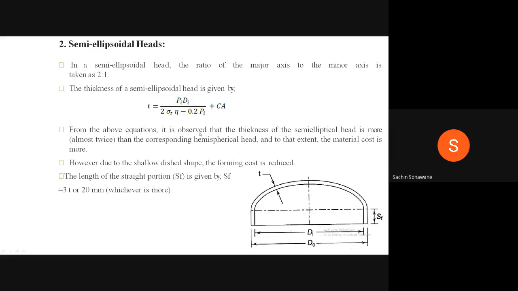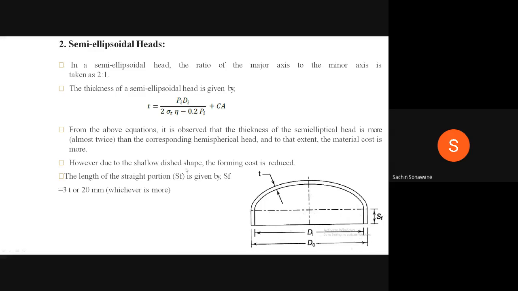From the above equation, it is observed that the thickness of the semi-ellipsoidal head is more, almost twice, than the corresponding hemispherical head, and to that extent, the material cost is more. If thickness is more, the material cost will be more. That is obvious because the weight will increase.